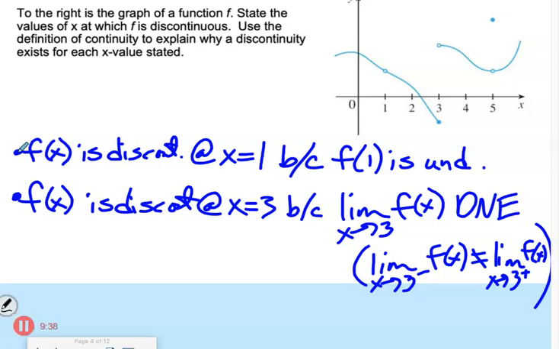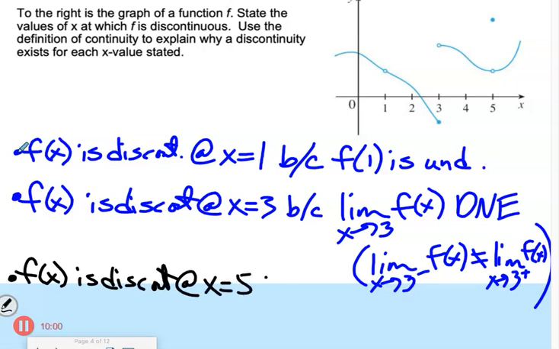Okie dokie. Ryan, tell me an x value where this function is discontinuous. At 5. Let's just walk through it. I'm just going to write it first. f of x is discontinuous at x equals 5 because.